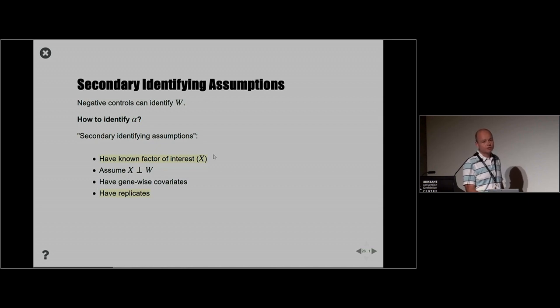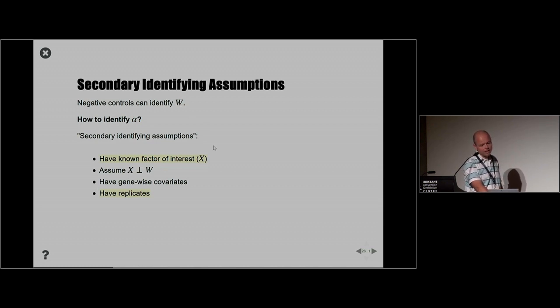An example would be if you're doing a clustering analysis, you have a bunch of tumor samples and you want to discover tumor subtypes. In that case, the factor of interest would be the tumor subtypes. You don't actually know what those are. Those are to be discovered. Okay. But at least in the case where you do have a known factor of interest and you're doing a differential expression analysis, then you have the X, you have the W, or you've estimated the W, and you can just do linear regression and you're good to go.